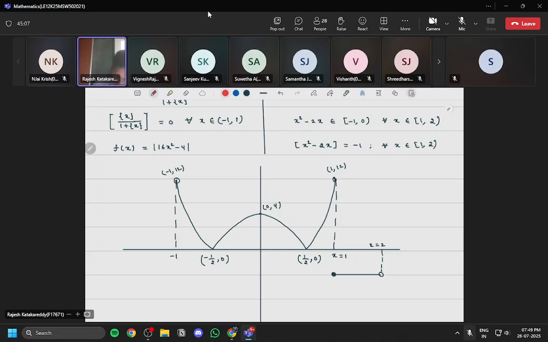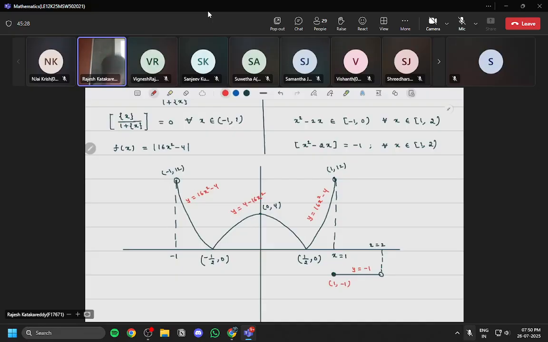You want the equations: this curve is y = 16x² − 4. This is y = 4 − 16x². This is y = 16x² − 4. And y = −1.